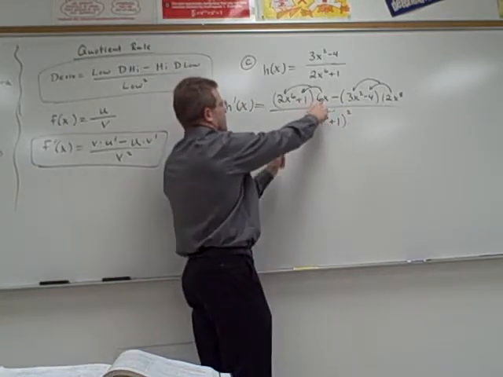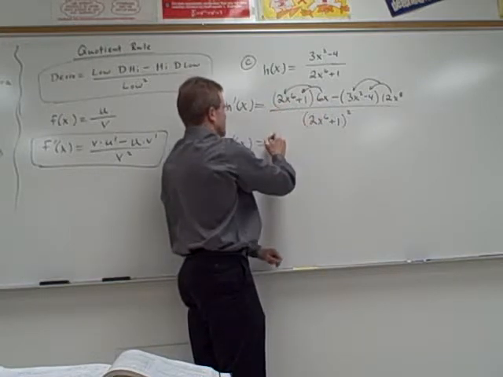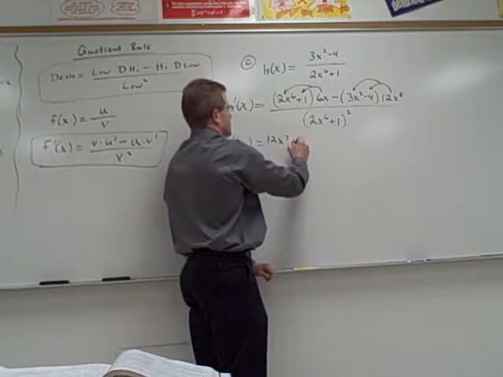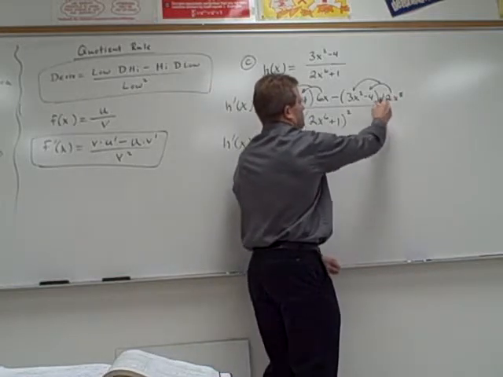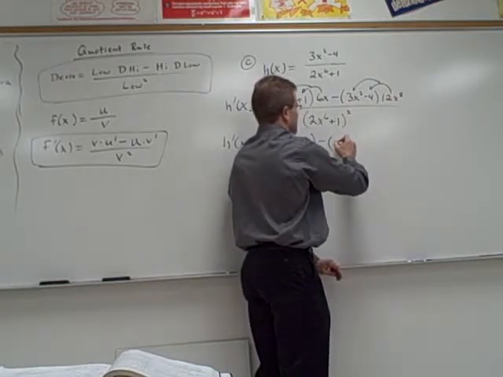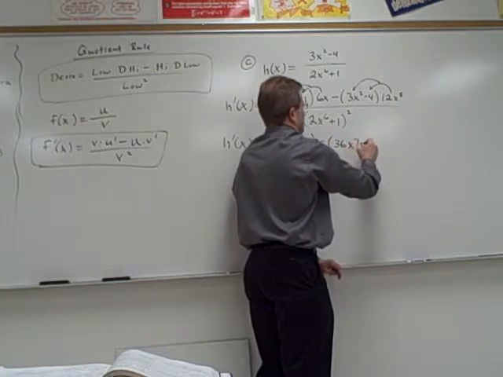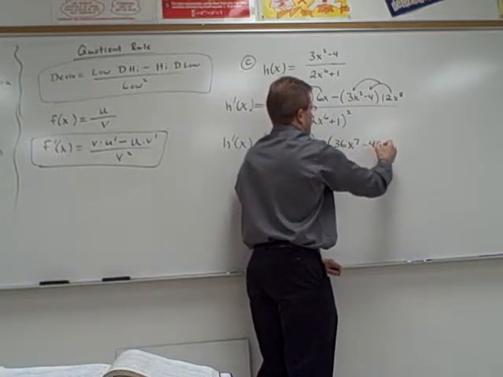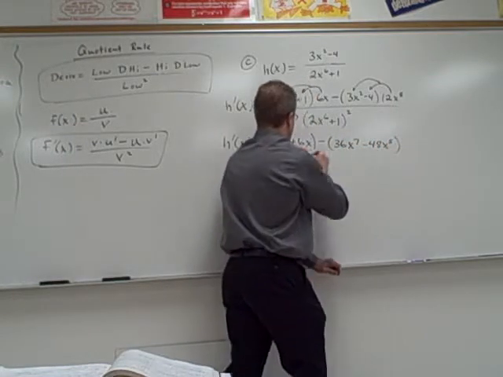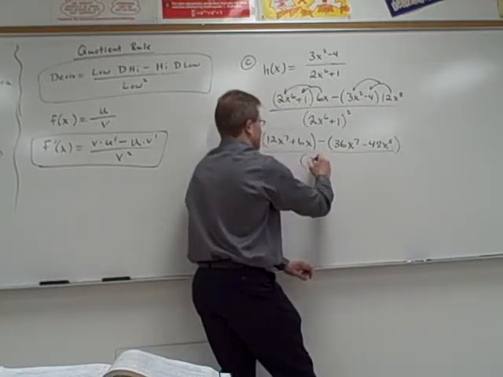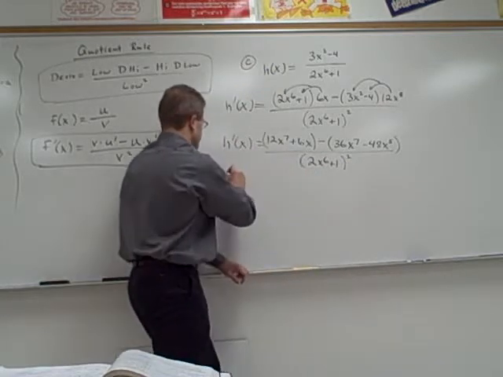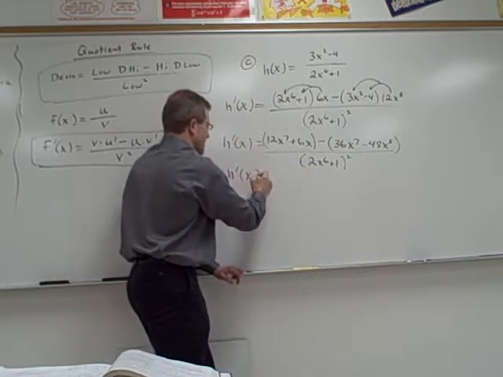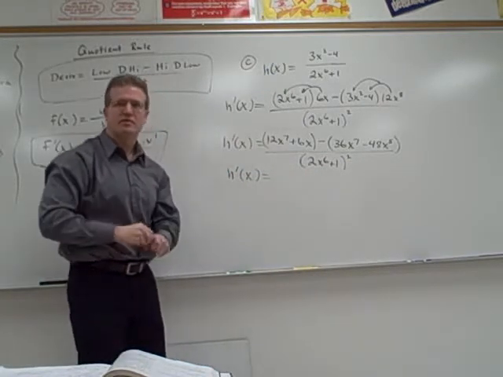So that's going to give me, if I distribute through here, 12x to the 7th plus 6x minus, distribute the 12x to the 5th through, so 36x to the 7th minus 48x to the 5th. Copy down your denominator again. Once you've got all that done, now you distribute your negative through.